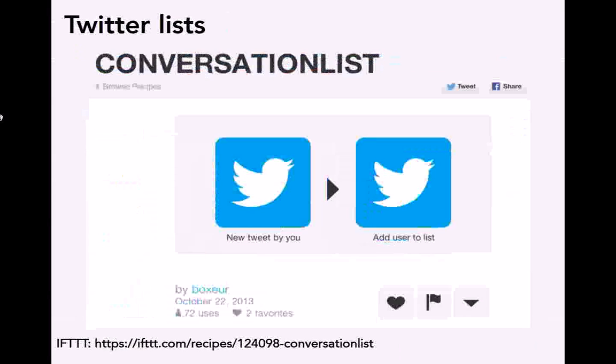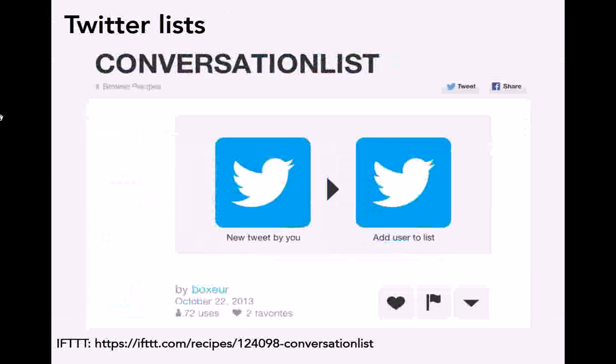This is another IFTTT recipe that I really liked for creating Twitter lists, and it's called the conversation list. If you tweet someone's username, say like Moz, we tweet out all the blog posts that go both on our main Moz blog and also on our UMoz blog, and we always try to include people's Twitter handles because we love to tell them, hey, we're talking about you.